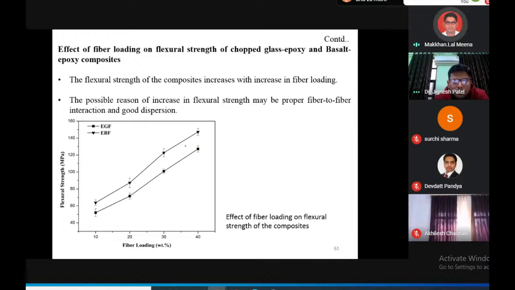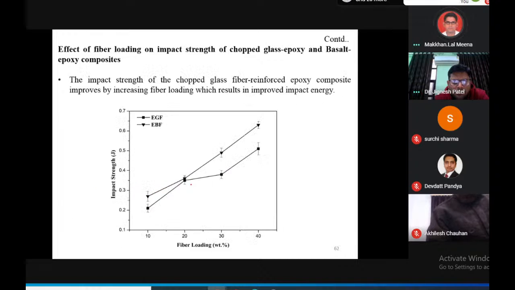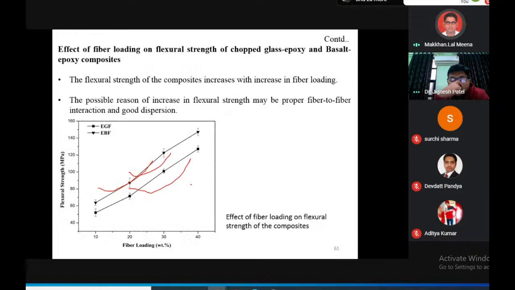As shown in the figure, the flexural strength values for chopped basalt fiber composite were found to be higher compared to chopped glass fiber composite. This may be due to the very minimal void content in basalt fiber composites compared to glass fiber composite. Basalt fiber matrix has better interfacial bonding, so the fibers are enough to arrest cracking. In this figure, comparing glass and basalt, basalt fiber shows a higher increase with fiber loading.